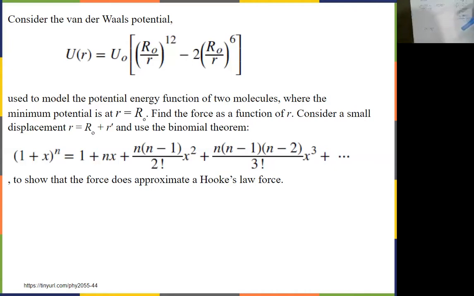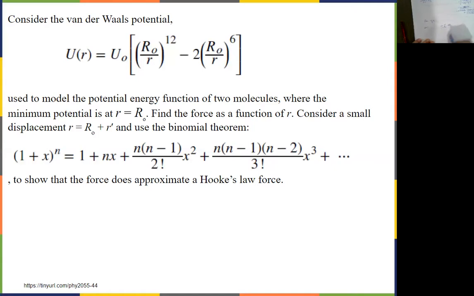Now remember, you probably want to do the expansion first to figure out potential as a function of x. So write x as, in this case, x is equal to r prime over r naught. This should be a very small number, very approximately 0, but just take it as some number.